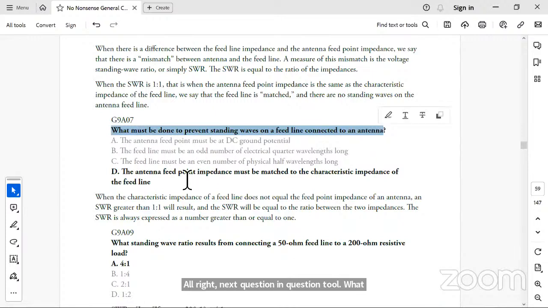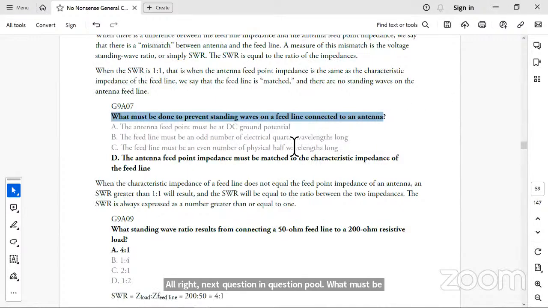All right, next question in the question pool. What must be done to prevent standing waves on a feed line connected to an antenna? So let's dissect this question. What are they asking us? What must be done? So they're asking us about a technique to do what? To prevent standing waves, right? That's the reflective waves coming back down on the feed line connected to the antenna. Of course, the feed line is connected to the antenna.